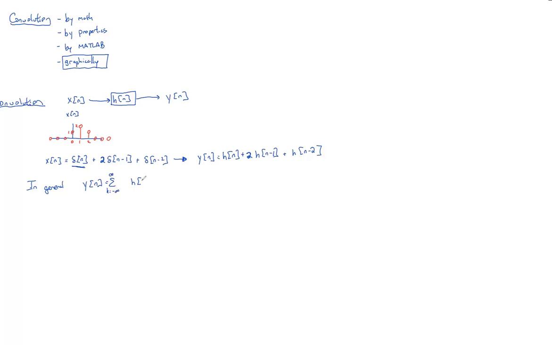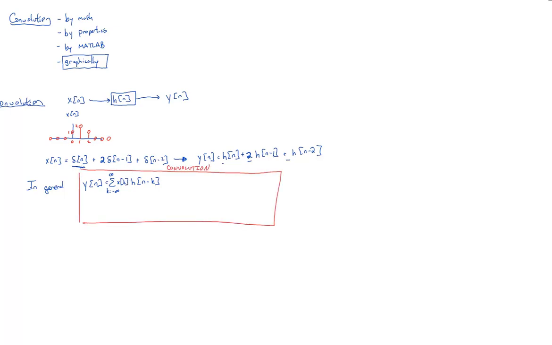And it's always going to have the form of n minus some shift. So that's the h here. And then it's going to be multiplied by some coefficient over here, which is just whatever our input is at that location. So this is the formula for convolution.